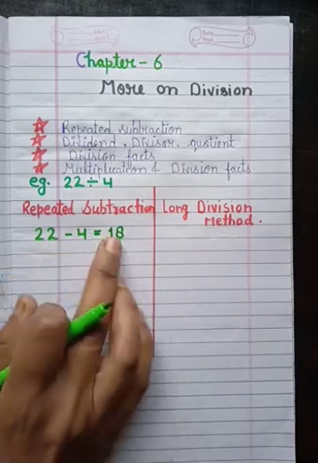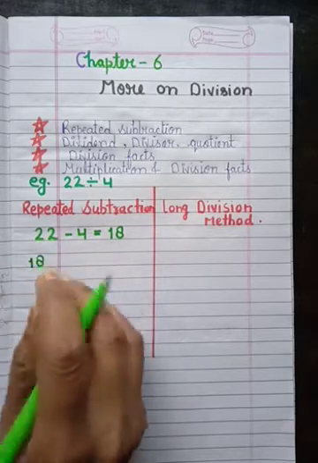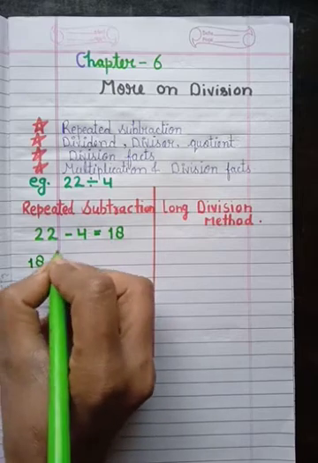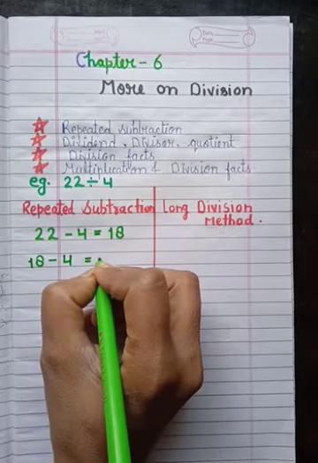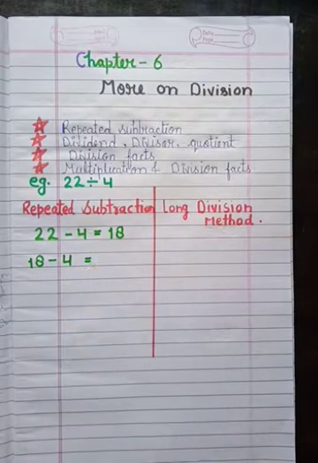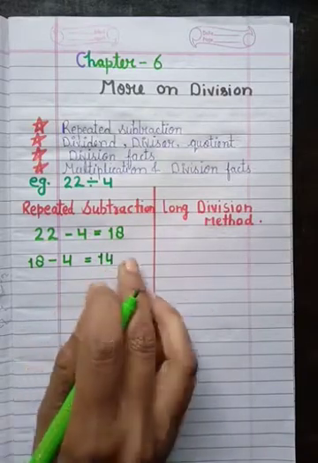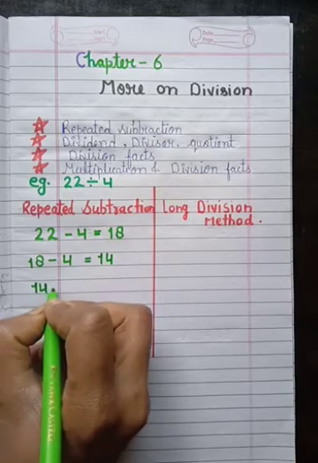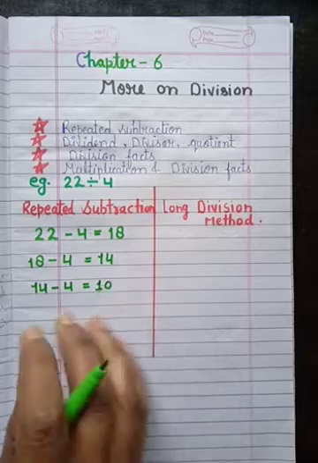Now this 18 comes over here, and 18 minus 4 is equal to 14. Now 14 minus 4 is equal to 10.